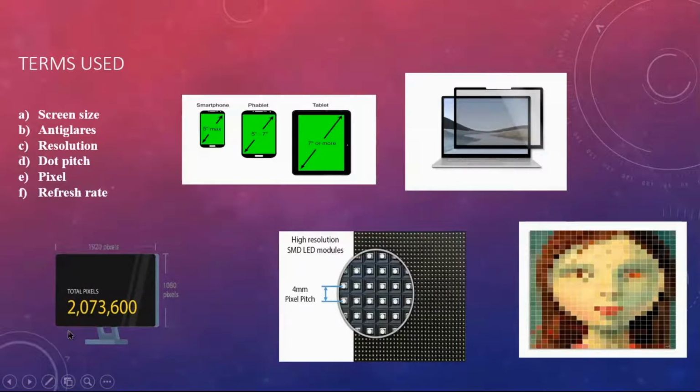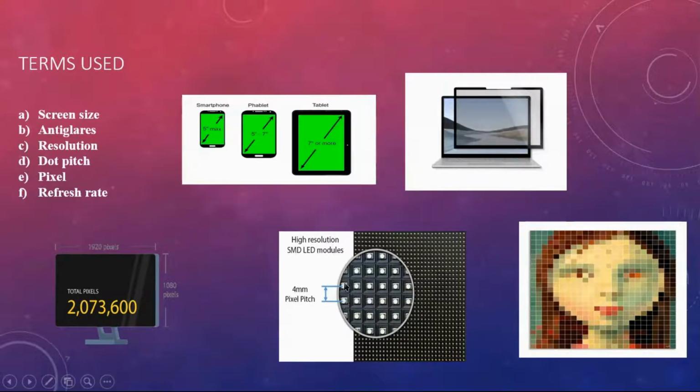We measure how many pixels are in the length and the width, and then we multiply to find the area. That gives us what we call the resolution. We also have what we call the dot pitch. The dot pitch defines the vertical distance between two adjacent pixels. When you look at this image, it has been zoomed.